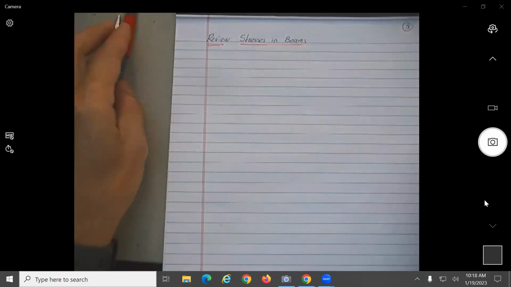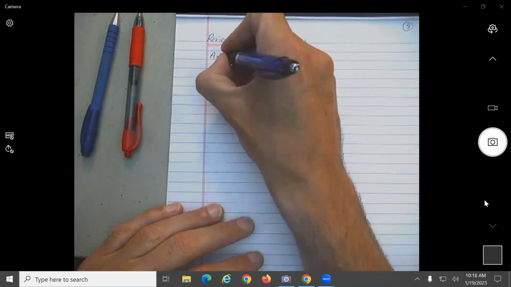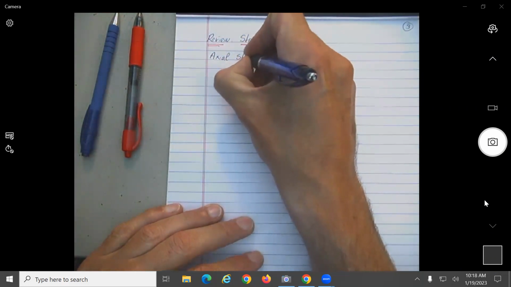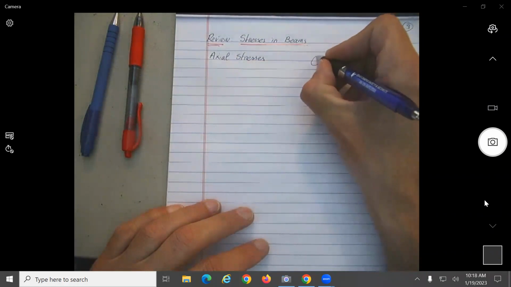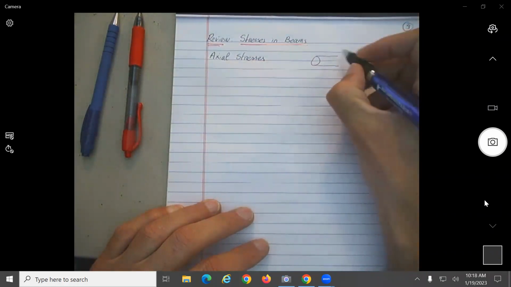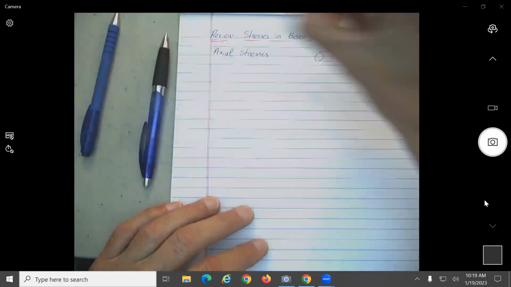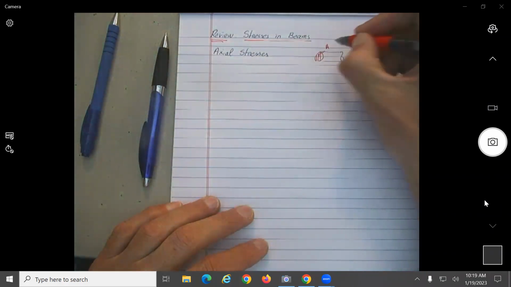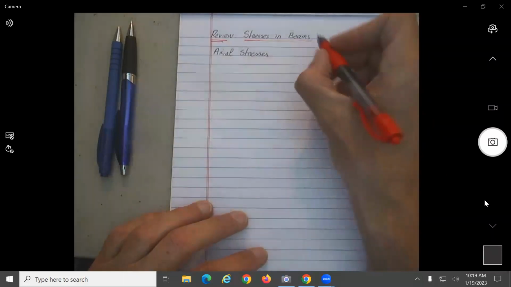So what are the 3 types of stresses that you are familiar with? You can have what? Axial stresses. What are axial stresses? About the one that goes along the axial direction of the surface.